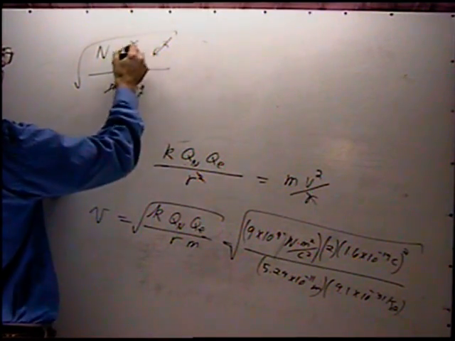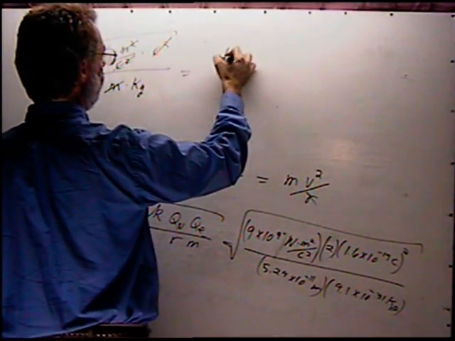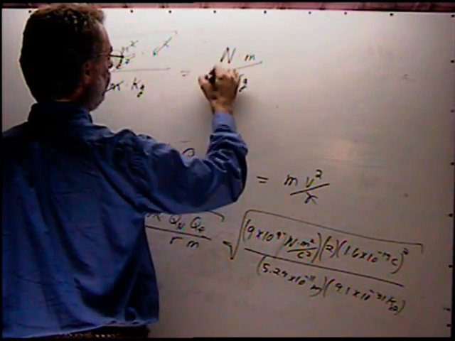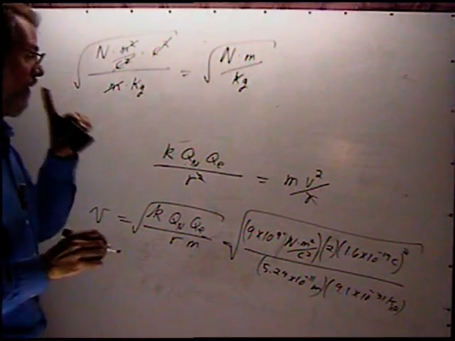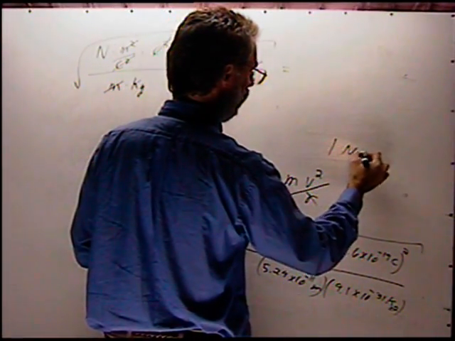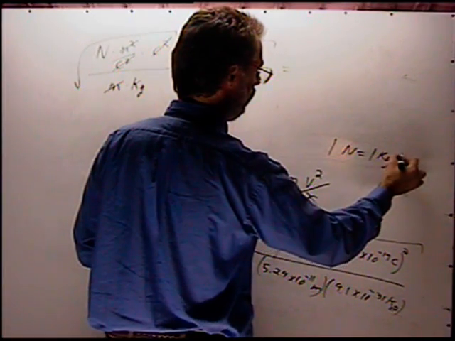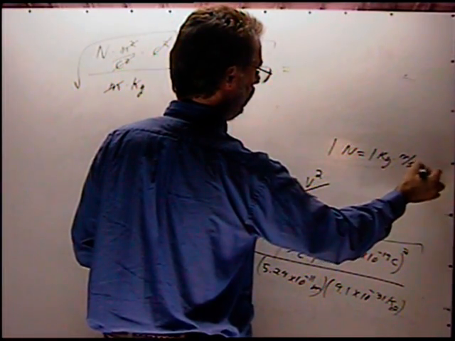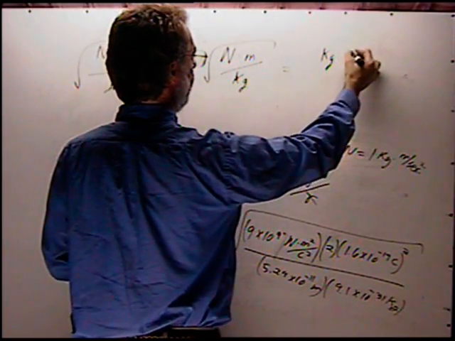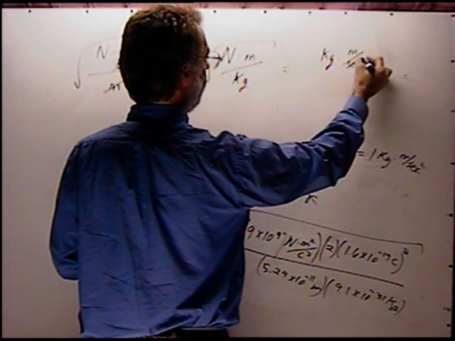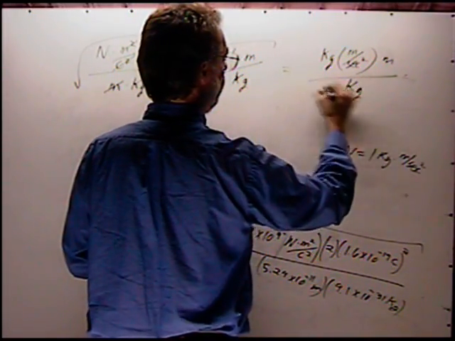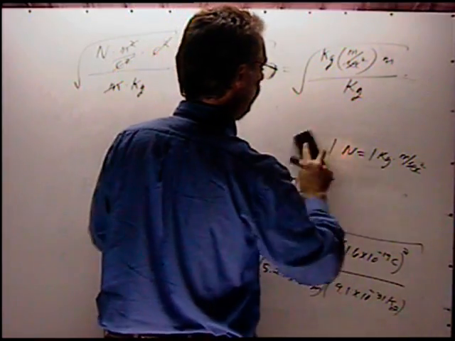One of the meters cancels out, and we're left with the square root of newtons times meter divided by kilogram. Well, now what's a newton? Remember, 1 newton of force equals 1 kilogram times meter per second squared. So this will be a kilogram times meter per second squared times meters divided by kilograms, all under the square root.